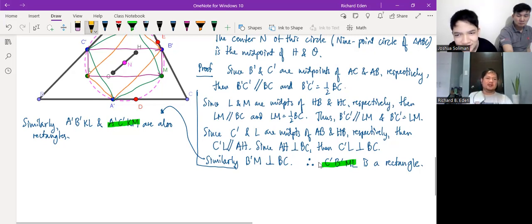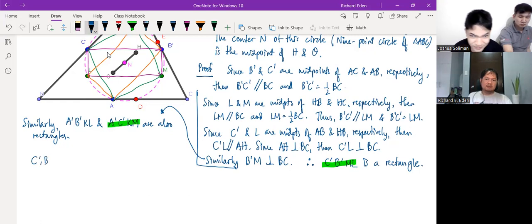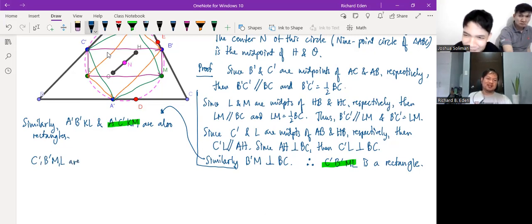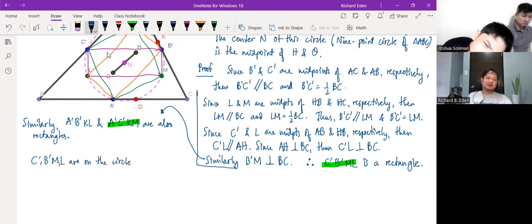Kaya ito. If you look at C prime, B prime, ML, Ceva's theorem and rectangles, and are on the circle with diameter.